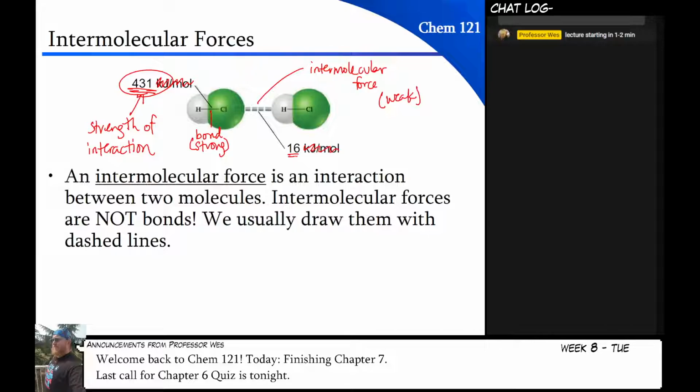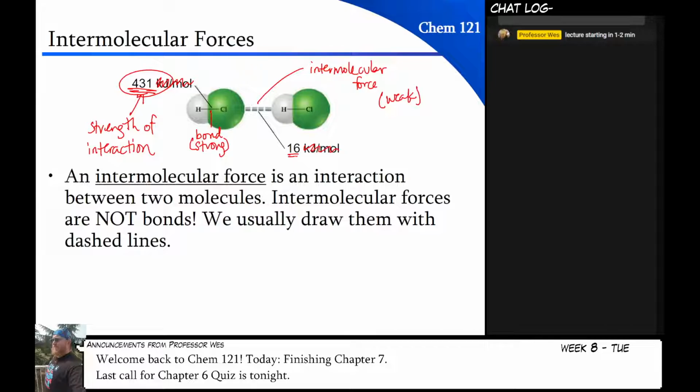So the intermolecular force would be the magnet's attraction to the fridge, whereas the strength of the interaction for what we would call a bond in this case would be trying to pull the magnet itself apart. That's very difficult, right? You can't grab 2 sides of the magnet, specifically the magnetic part, and break it, right? You can't break the magnet very easily. But you can definitely pull the magnet off the fridge. That's not difficult to do.